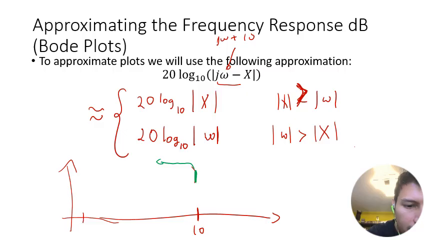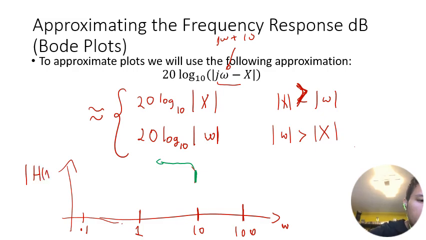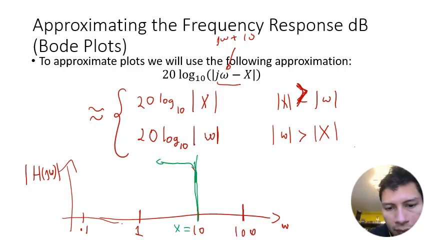Let's say this is frequency 0.1, this is frequency 1, this is frequency 10, and this is frequency 100, so this is the omega axis, and this will be the H of j omega axis. If we look here, this is the value of our X.